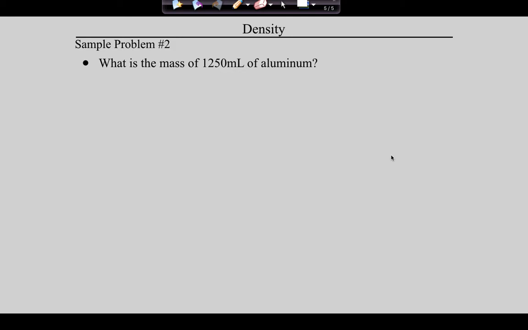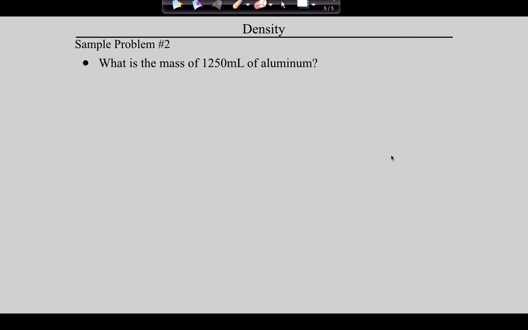So guys, this is the question that we're asking. Here's 1,000, here's 100, here's 100, and then here's 5, 10, 10, 20, 30, 40, 50. So guys, this is 1,250 milliliters. The question is, if this was made of aluminum, what would it weigh?